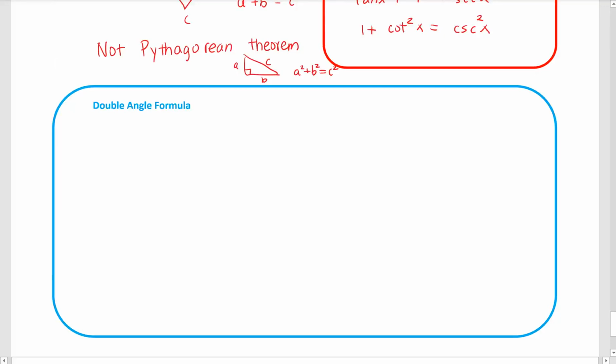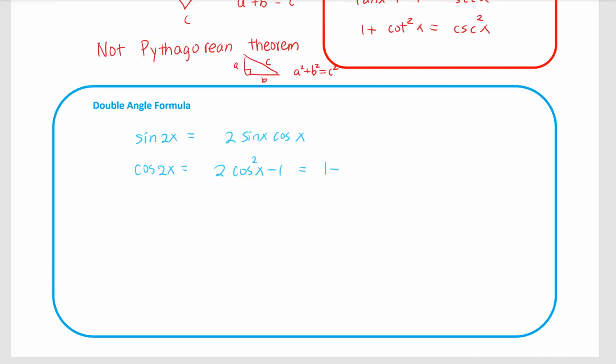Okay? So what are the double angle formulas? We have sine 2x equals 2 sine x cosine x. What's cosine 2x? Well, we have 2 formulas for it. It can be 2 cosine square minus 1. It could be 1 minus 2 sine square. So it depends on which one you want to relate it with. Okay? And if we use this one we can solve for cosine square.